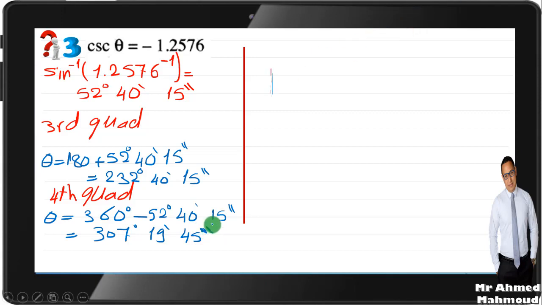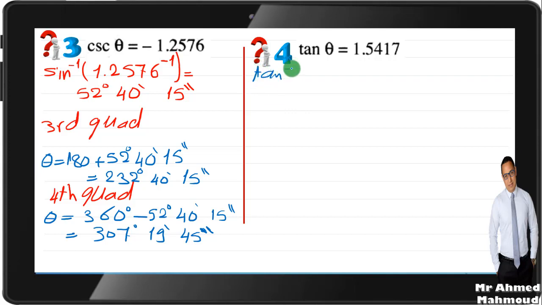Number 4, tan theta equal 1.5417. Shift tan 1.5417 equals 57 degrees 1 minute 52 seconds.